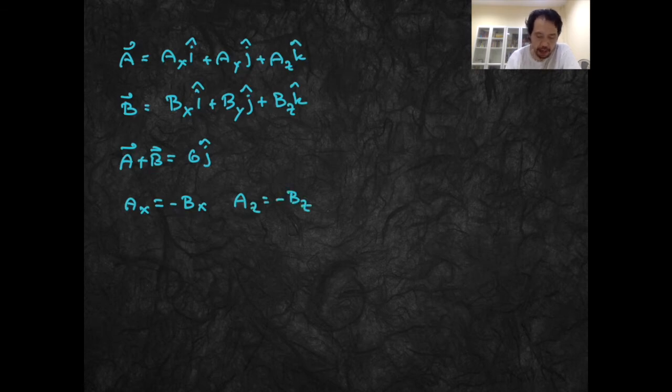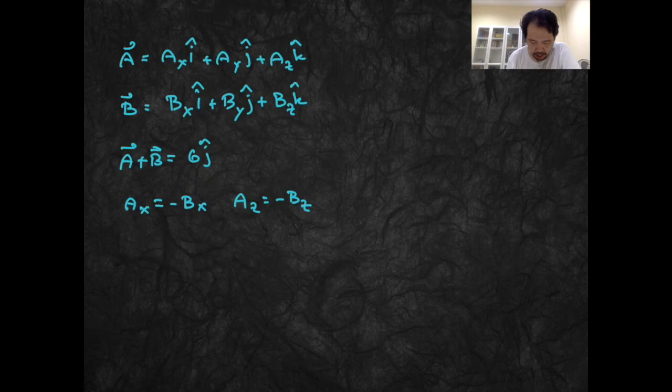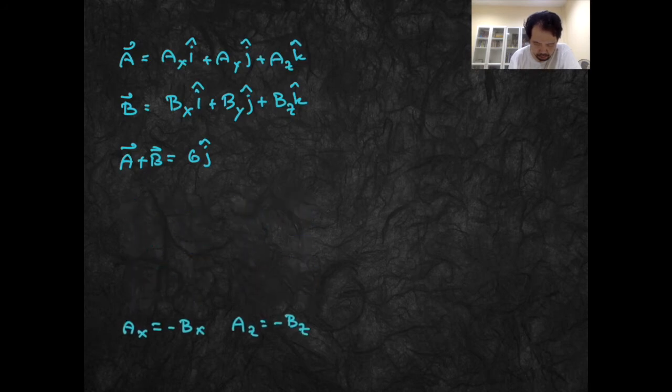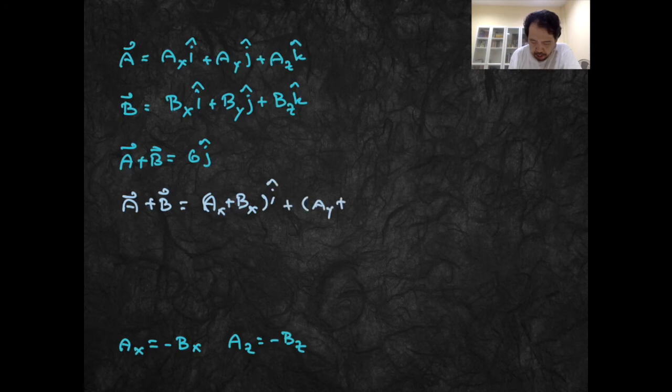So when you add A and B, let's write it in detail: A plus B is equal to (Ax plus Bx) i plus (Ay plus By) j plus (Az plus Bz) k.